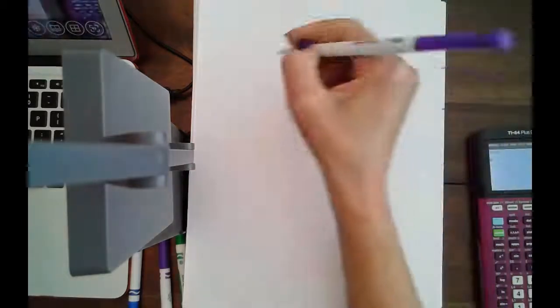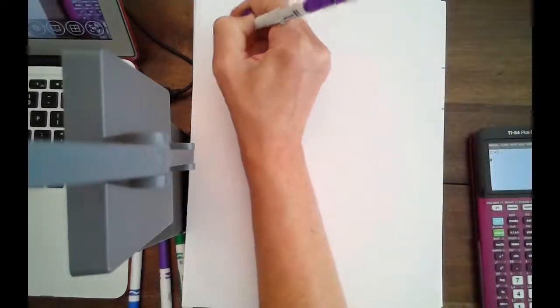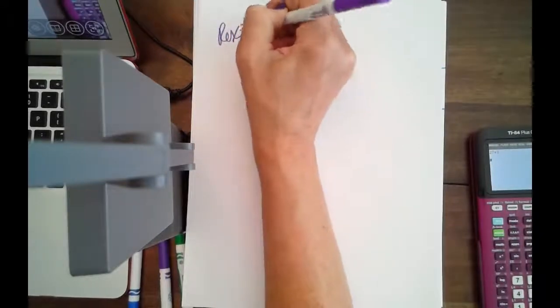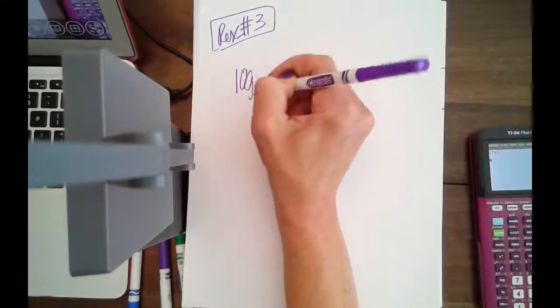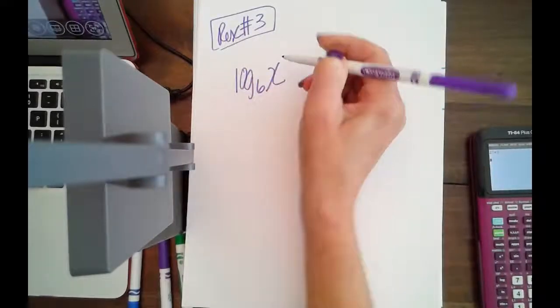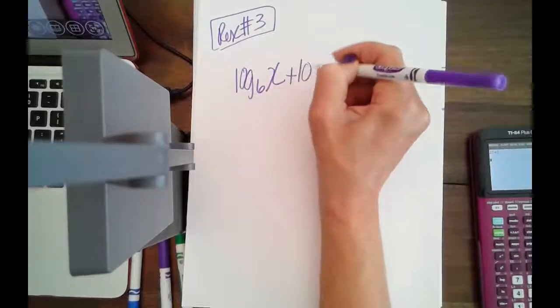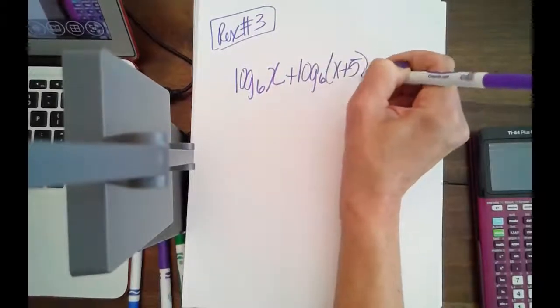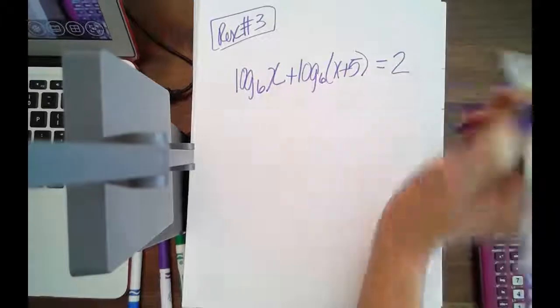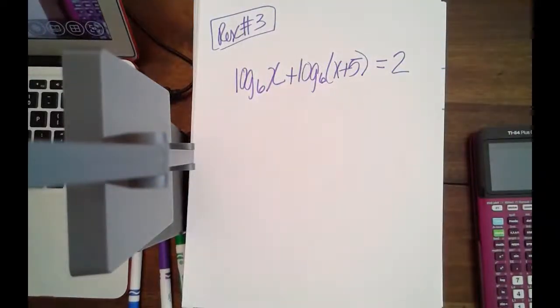All right, I think I have time for one more quick one. Got to time these videos. All right, let's try this. I think that's example number 3. Log base 6 of x plus log base 6 of the binomial x plus 5 equals 2.